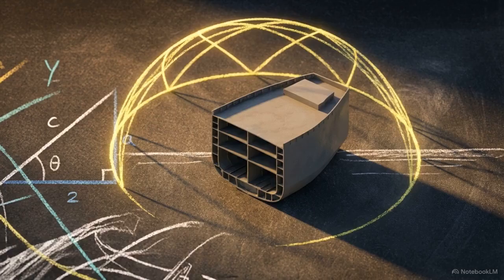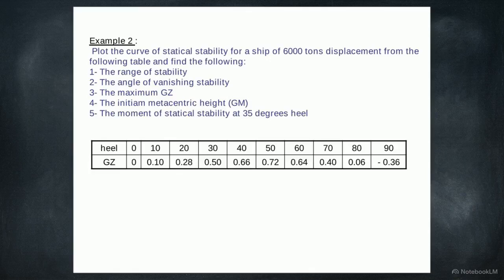To understand a ship's full behavior, these corrected values must be calculated across the entire range of motion, not just a single angle. This table shows the output of these corrections for a 6,000-ton ship. It lists the exact righting lever at 10-degree intervals, from a vertical position all the way to 90 degrees.